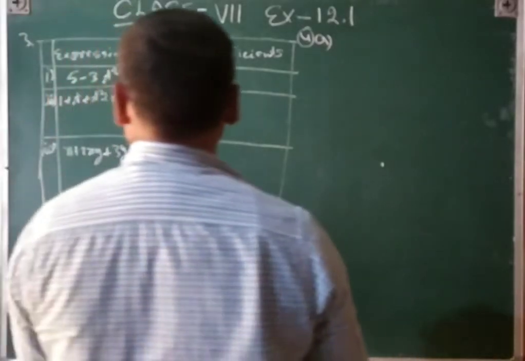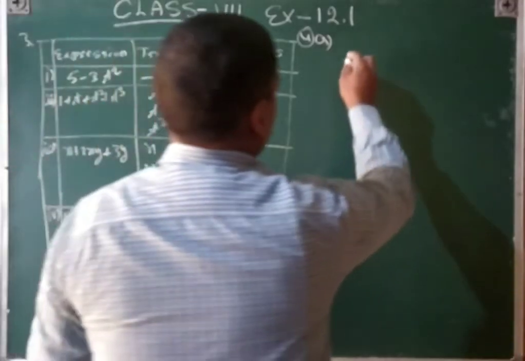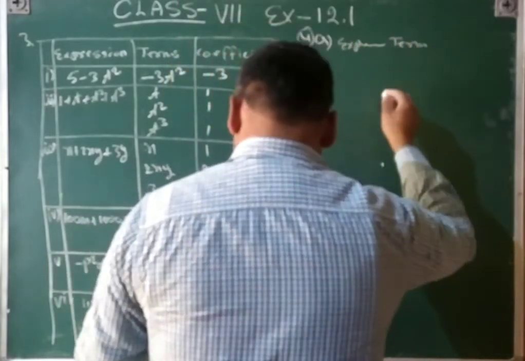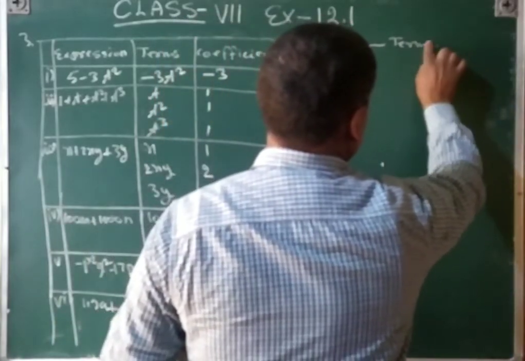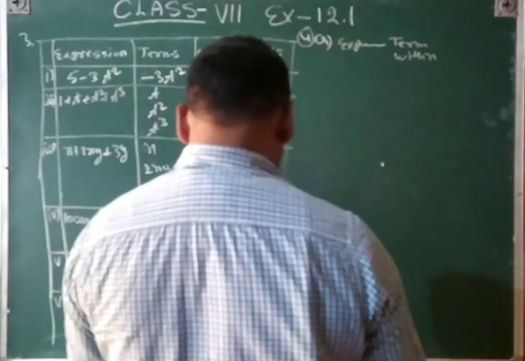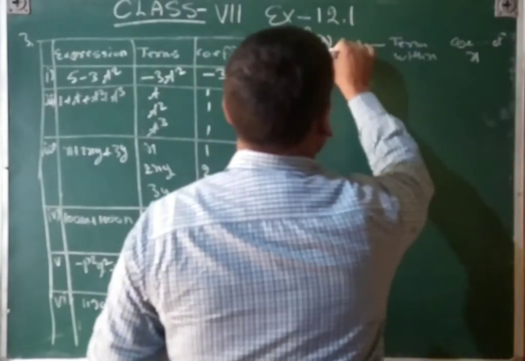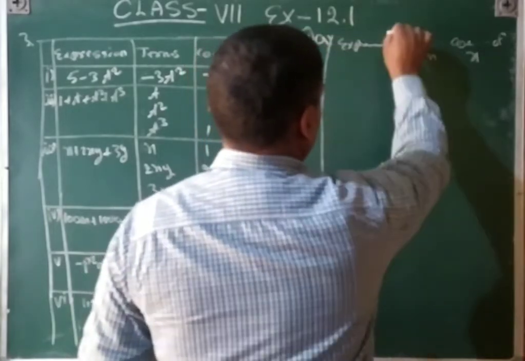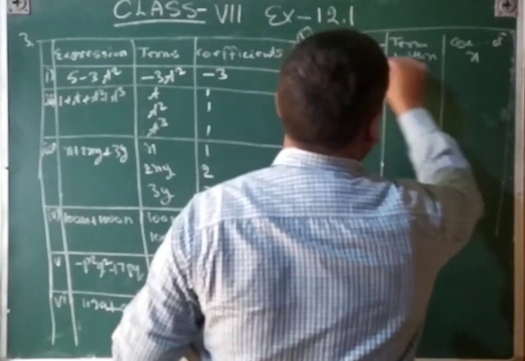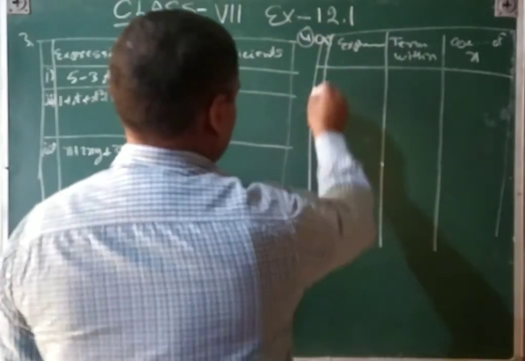So similarly you will make the table, that is expressions, term with x, and then the coefficient of x. That is the first part.